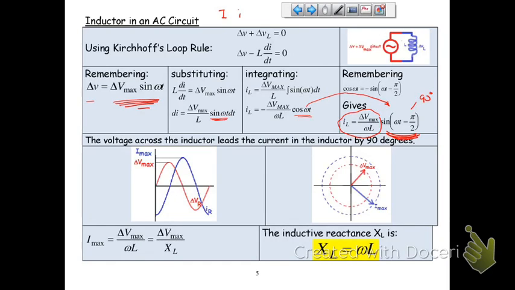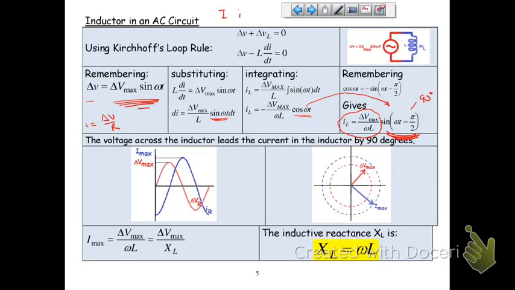But if I just pick the peak values, then what you see is my AC current is equal to delta V max over omega L. And what we said before was that my current was equal to delta V over R. Can you see that?